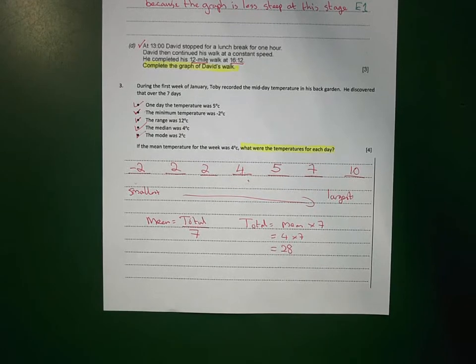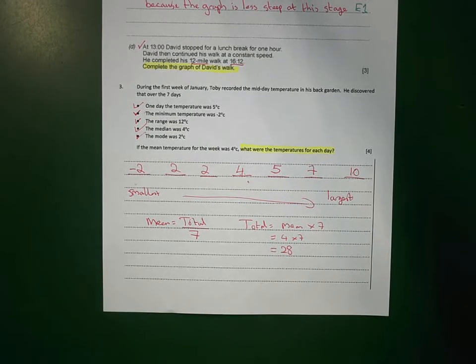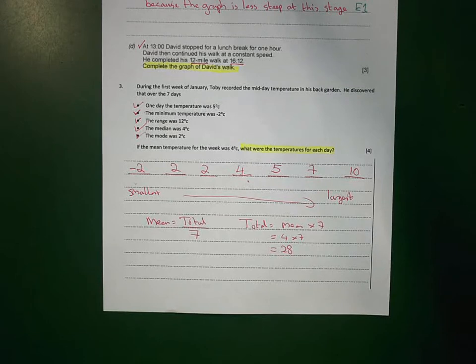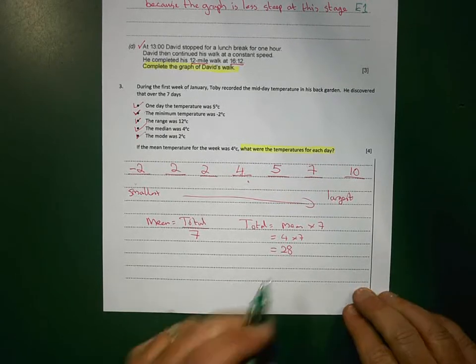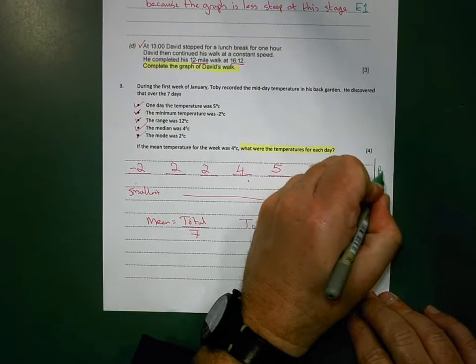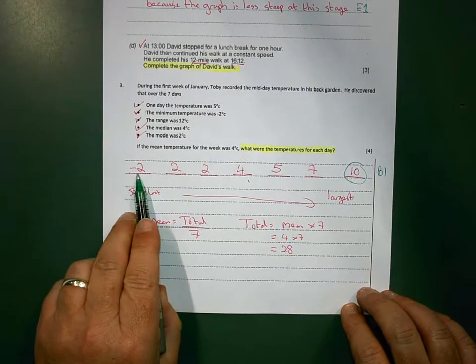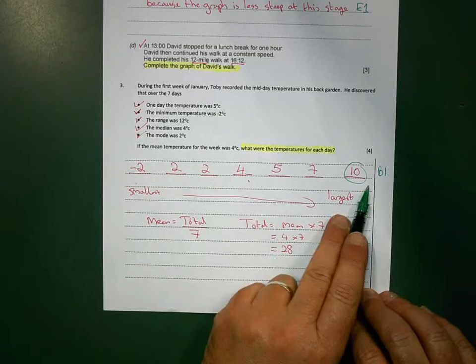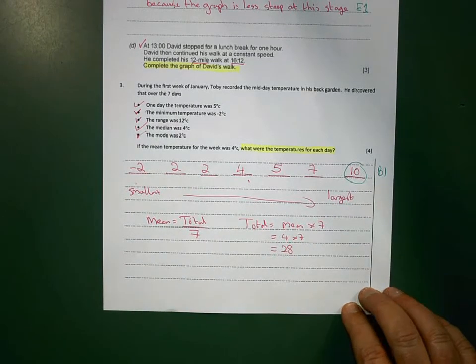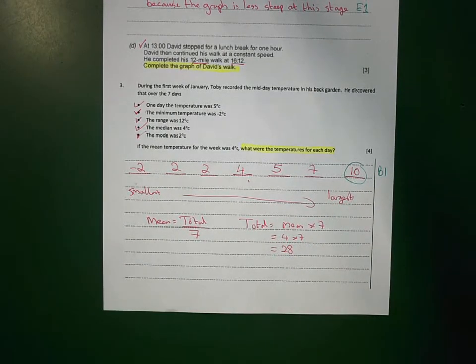So there's 4 marks for that question. And the marks, there's 1 mark for the maximum. If you've used the fact that -2 is the smallest and you've got a range of 12, there's 1 mark there for that maximum value.